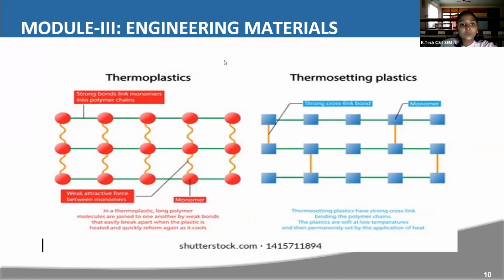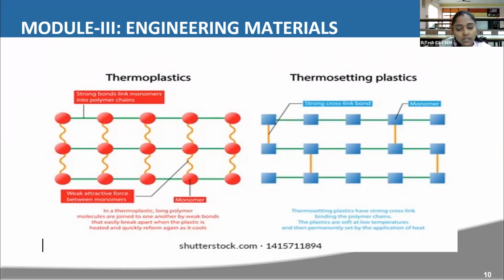Thermoplastics, this is the diagram. Strong bonds link monomers into polymer chains. This green color appears as strong bonds. In thermosetting plastics, there are strong cross-link bonds between monomers. Thermoplastics contain weak van der Waals forces, while thermosetting plastics contain covalent bonds.